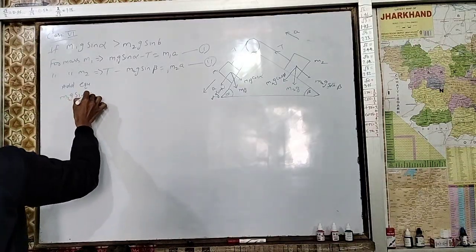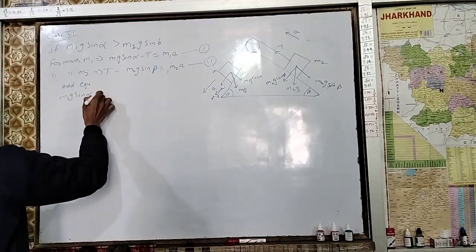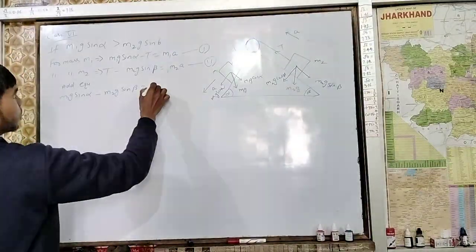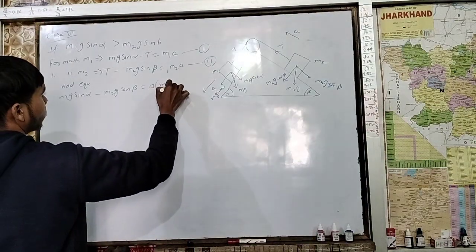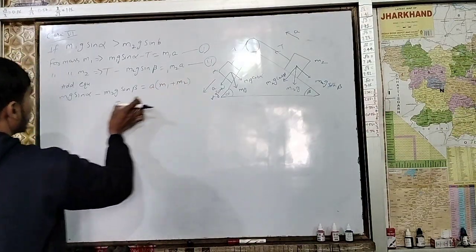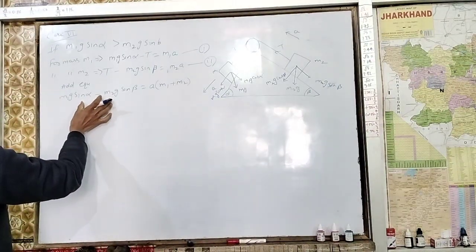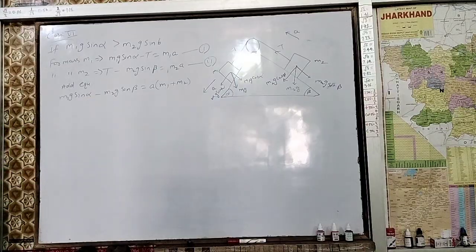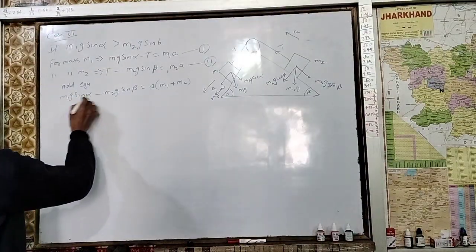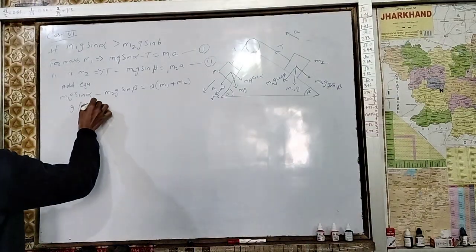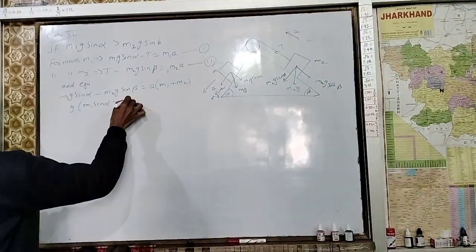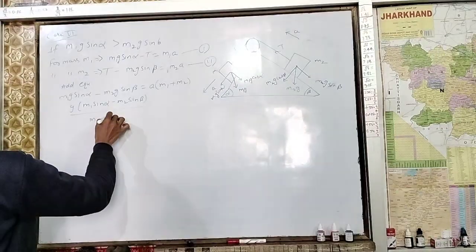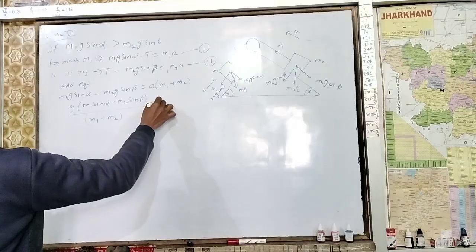So here m1z sin alpha minus m2z sin beta will be equal to, here is a common, m1 plus m2 times a. Are you getting a common variable in this equation? The answer is yes, z is common. So m1 sin alpha minus m2 sin beta upon m1 plus m2, the total mass, will be equal to acceleration.